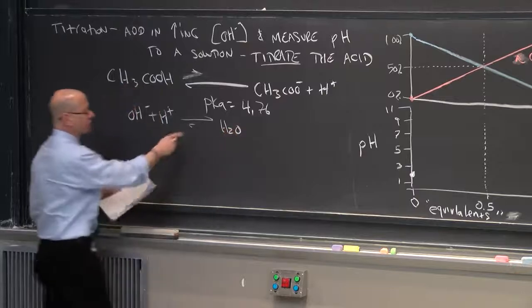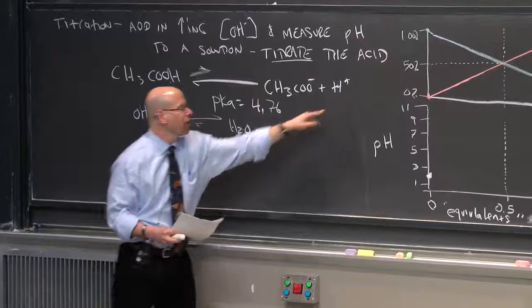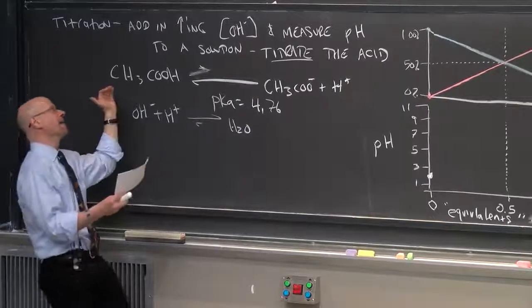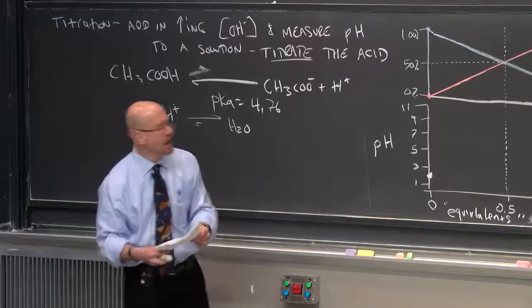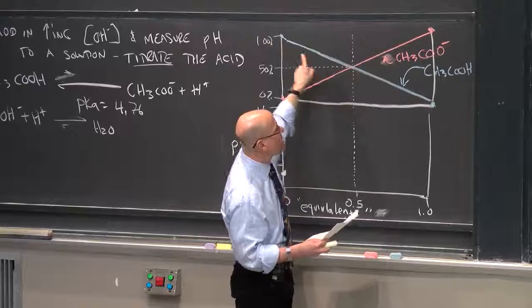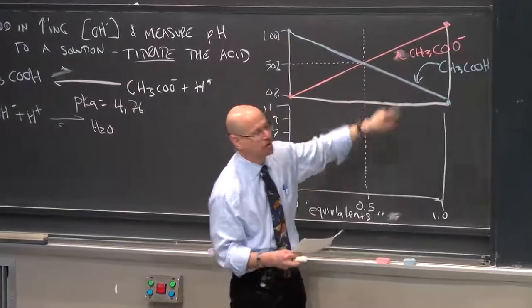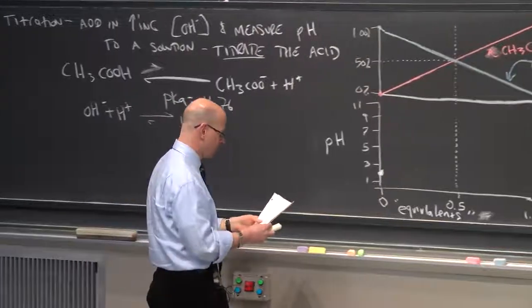And because this is such a strong reaction, as I titrate in more base and consume more protons, according to Le Chatelier, I'm going to take this acetic acid and force it to become acetate anion. So as I titrate in more base, the amount of acetate anion goes up and the amount of undissociated acetic acid goes down. And we can simply measure the pH at each point in time.